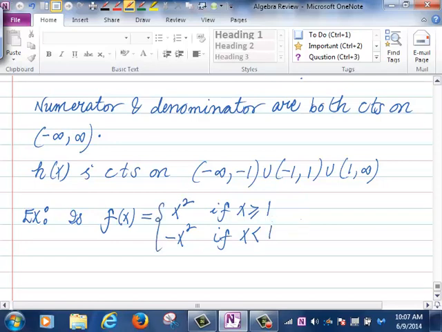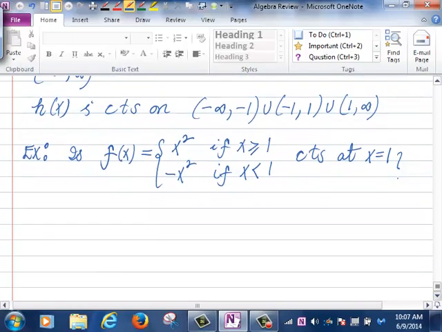Is f continuous at x equals 1? Is the question clear to you?